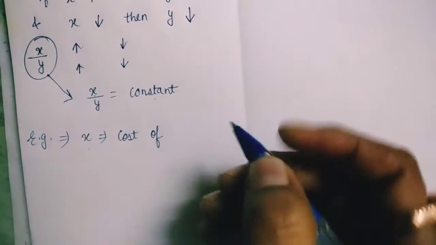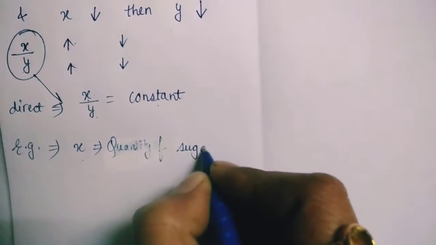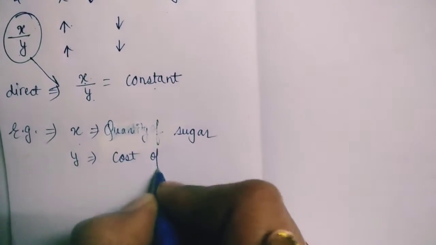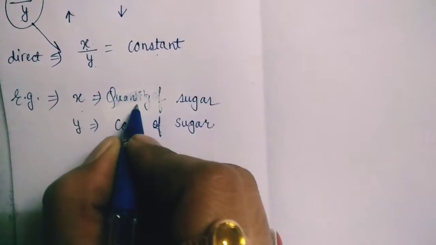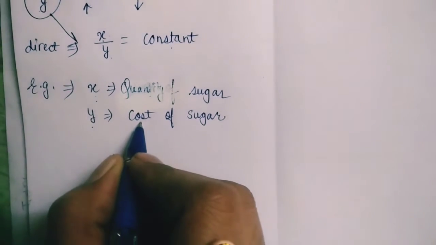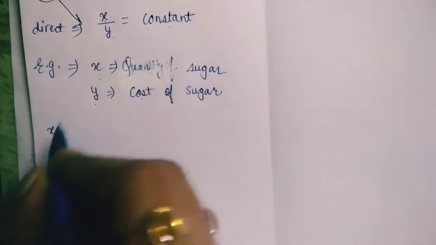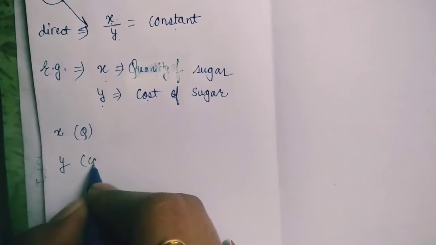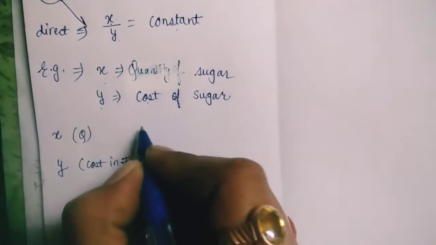If x is showing the quantity of sugar and y is showing the cost of sugar, x is for the quantity, y is for the cost in rupees.